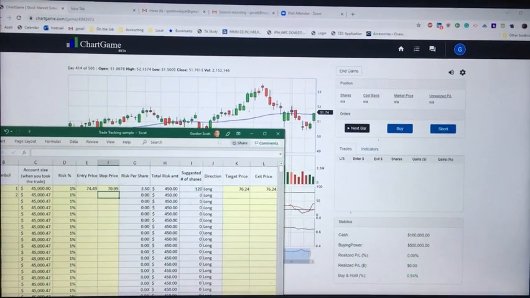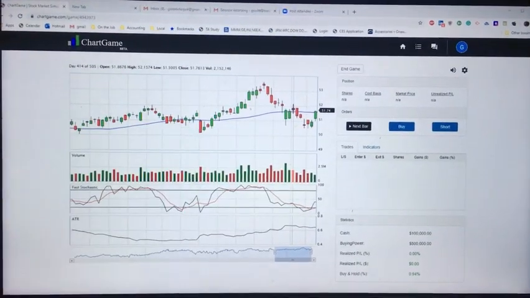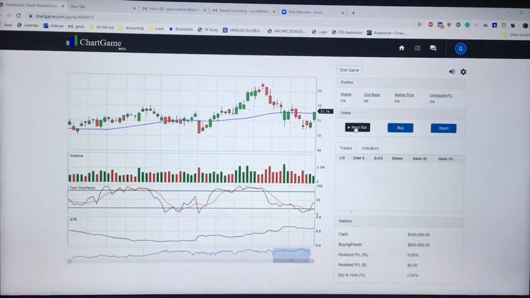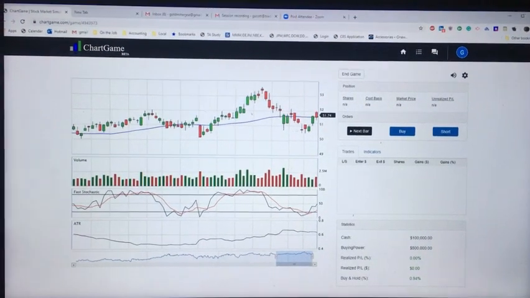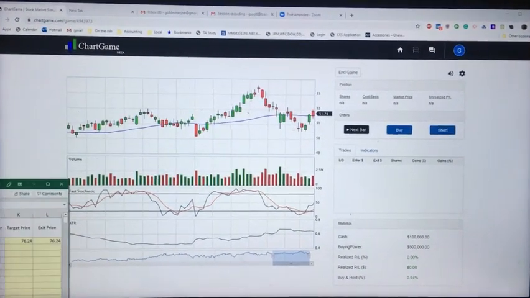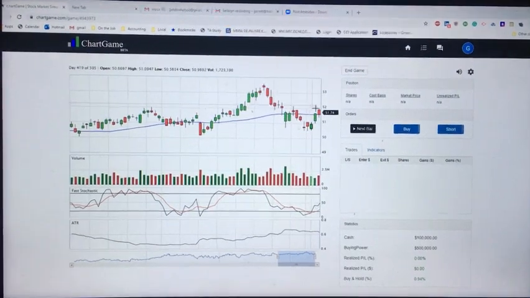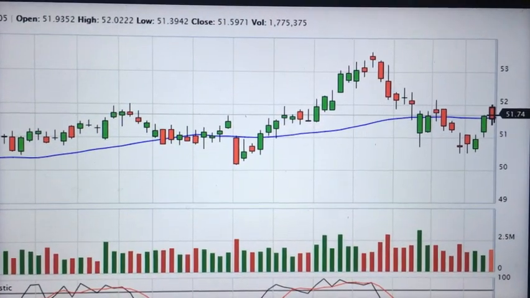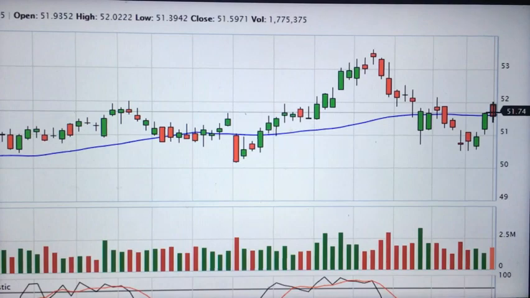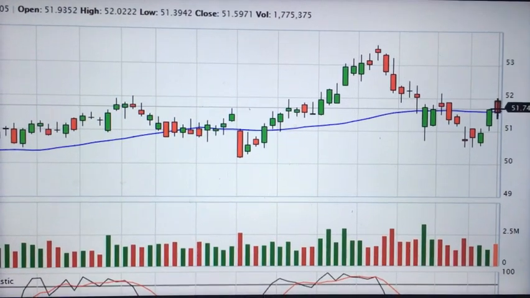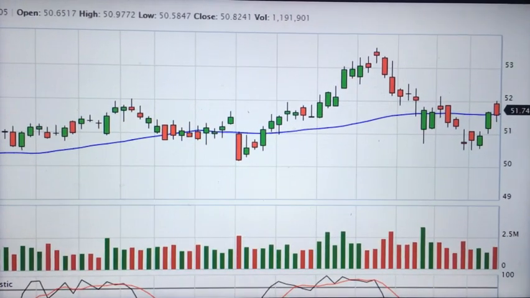So we're going to hit next bar and see what our entry price is. There's the next bar, so now I can tell the price I'm getting in on this next day is that open, 51.93.